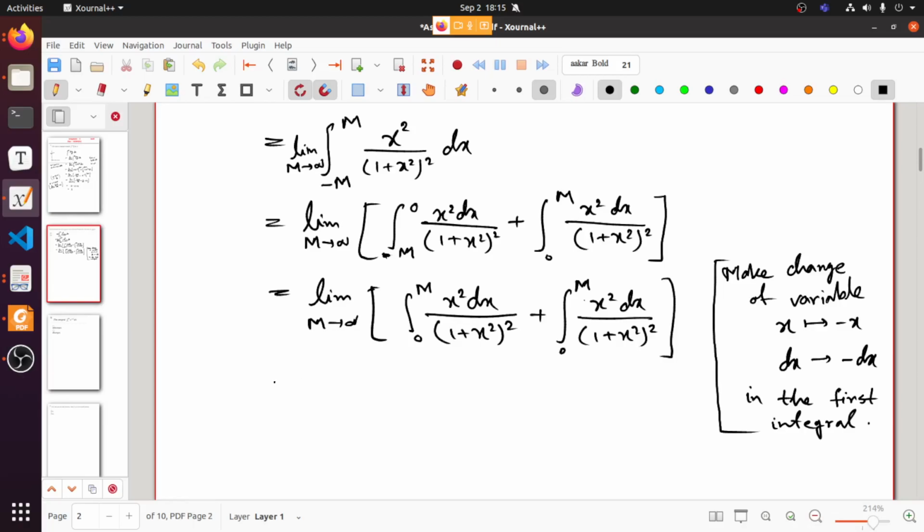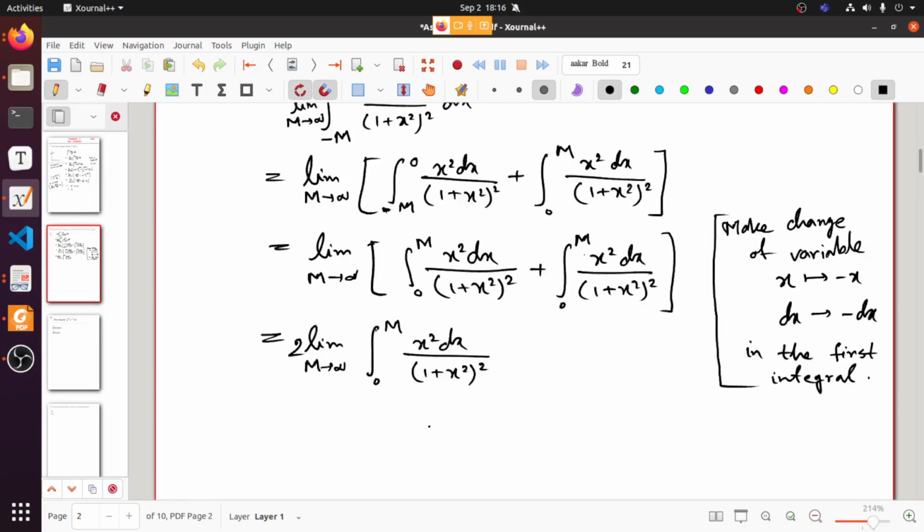So what happened? Now it becomes 2 times, right? So what is the value of this? Now you have to compute this integral. It becomes 2 times the integral 0 to m x square dx by (1 plus x square) whole square.